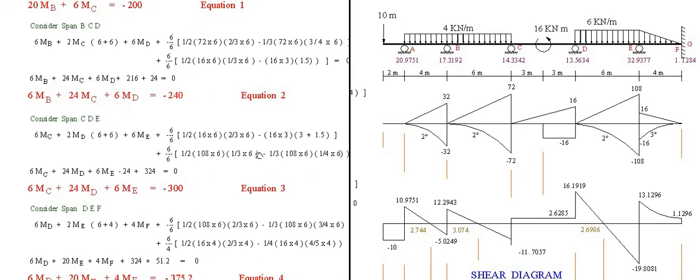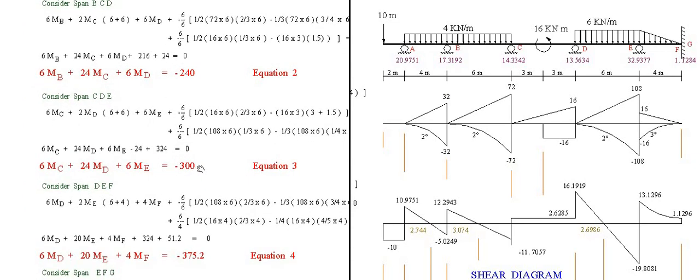Then the constant here, minus 24 for this, then 324 for the second constant. 324 minus 24 is 300. Positive, then transfer that to the right, becomes minus 300. So this is equation 3.